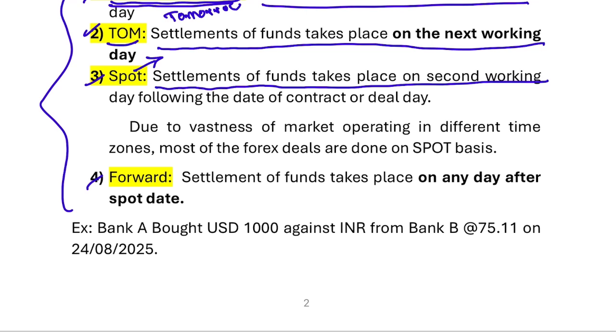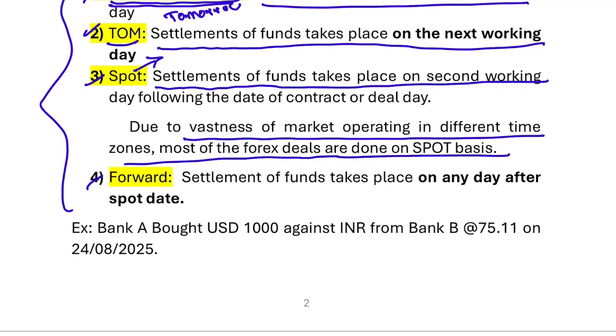Due to the vastness of market operations in different time zones, most forex deals are on a spot basis only. I already told you there are different time zones. Due to the time zones, the majority of people use the spot rate. Even in numericals, the majority of questions are based on the spot rate only. Very few questions are from the Tom rate or ready cash rate.